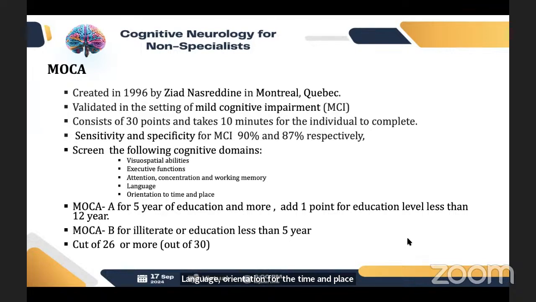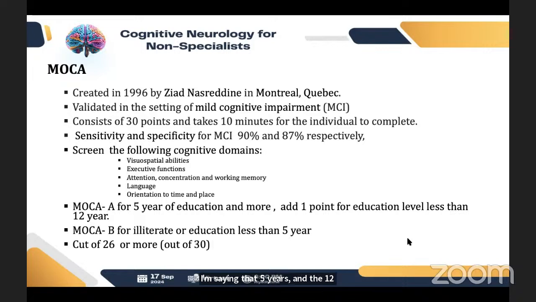So if the patient's education level is 5 years and more, you will use MoCA A. And if the patient's education level is 12 years or less, you will add 1 point. But if their education is more than 12 years, you don't have to add this point. Why am I saying 5 years and 12 years?